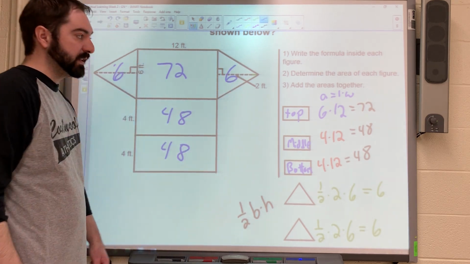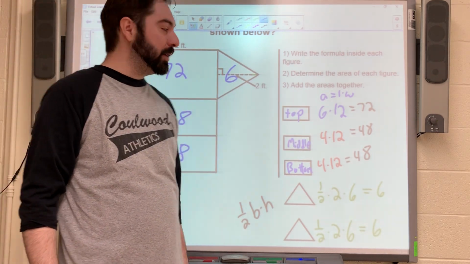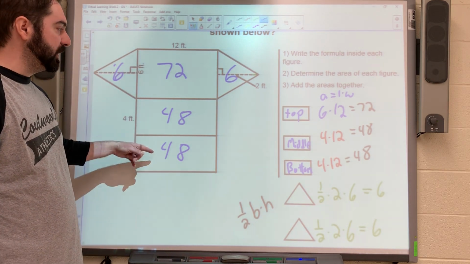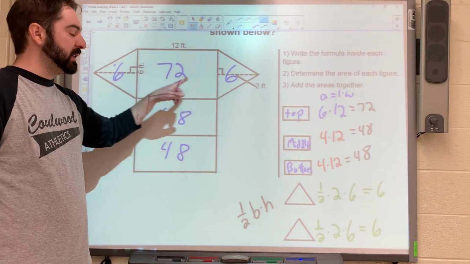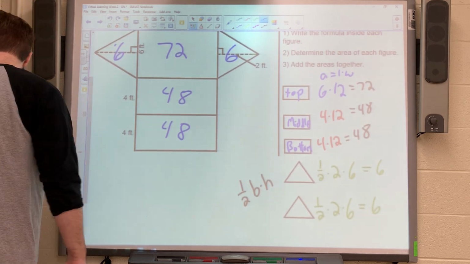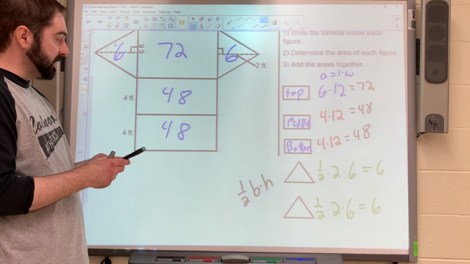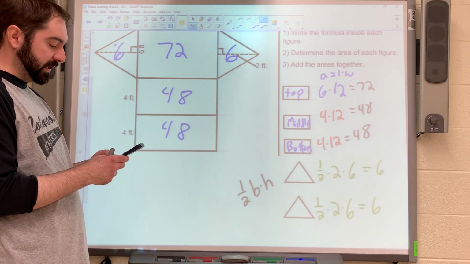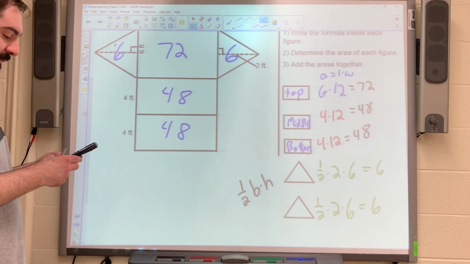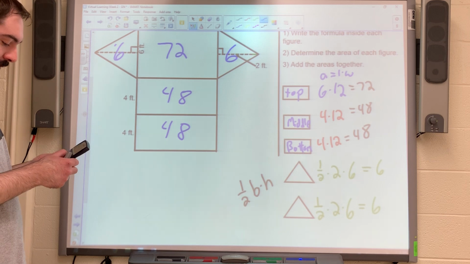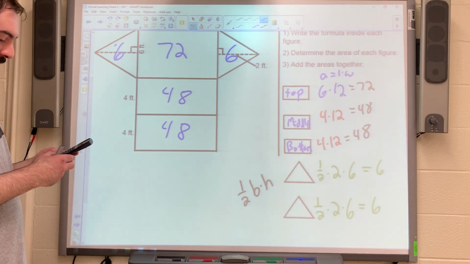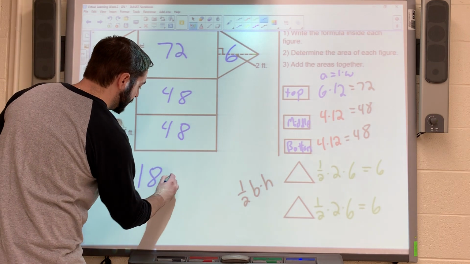Well, total surface area would be to add all their areas together. 48 plus 48 plus 6 plus 6 plus 72. I need my calculator. So again, I'm doing 6 plus 6 plus 72 plus 48 plus 48 would give me a final total of 180 feet.